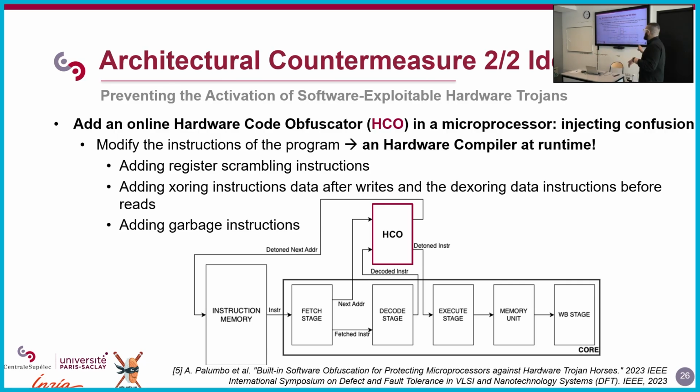Here, in this work, the idea was to put something into the processor in between the decode and the execution stage, and this hardware code obfuscator will take the same inputs and provide the same outputs, but executing different operations. In particular, in order to create confusion, to break the chain needed to trigger the hardware Trojan.